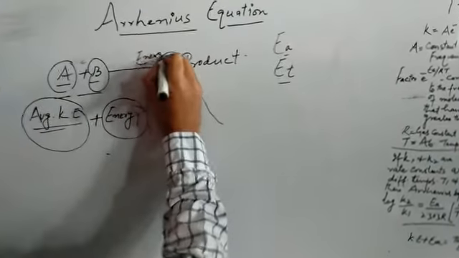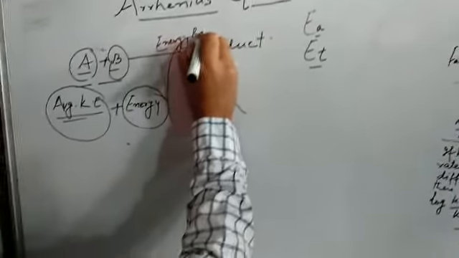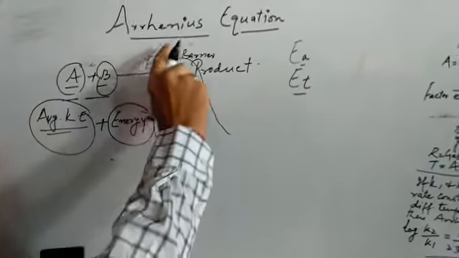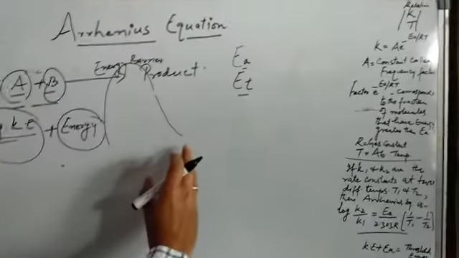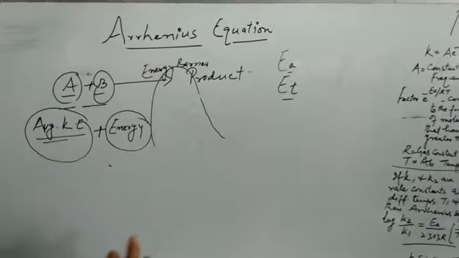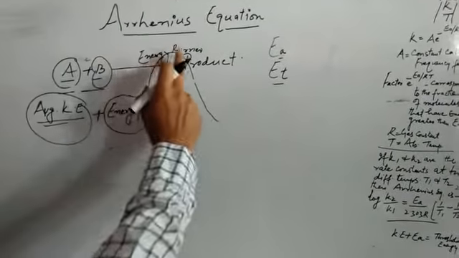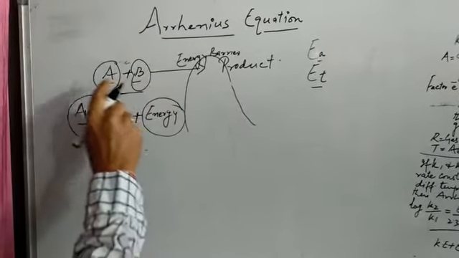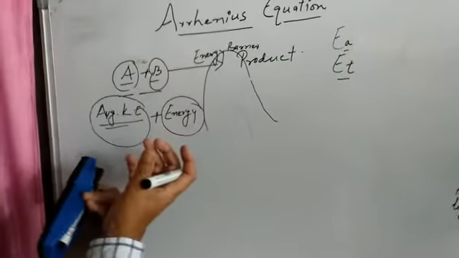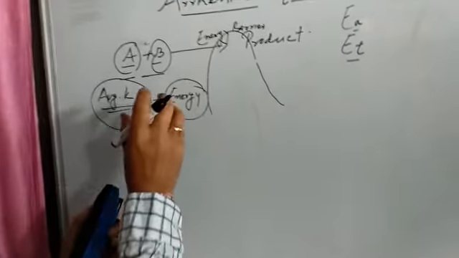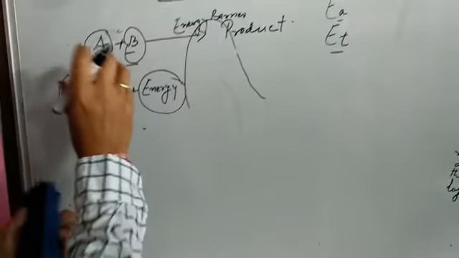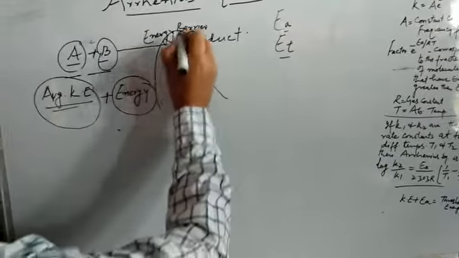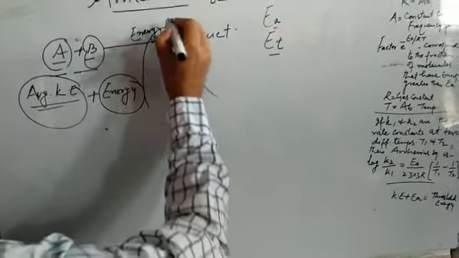You know that for a reaction to take place, the reacting molecules have to cross an energy barrier. To cross that barrier, a certain amount of energy must be added so that it becomes equal to another energy, that is threshold energy.